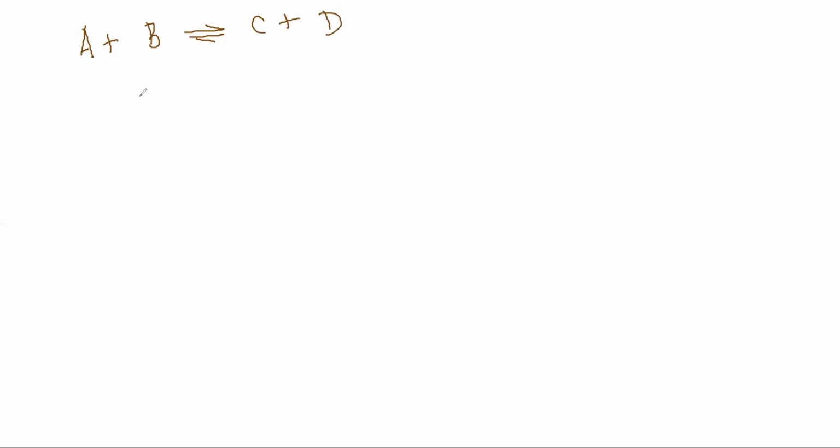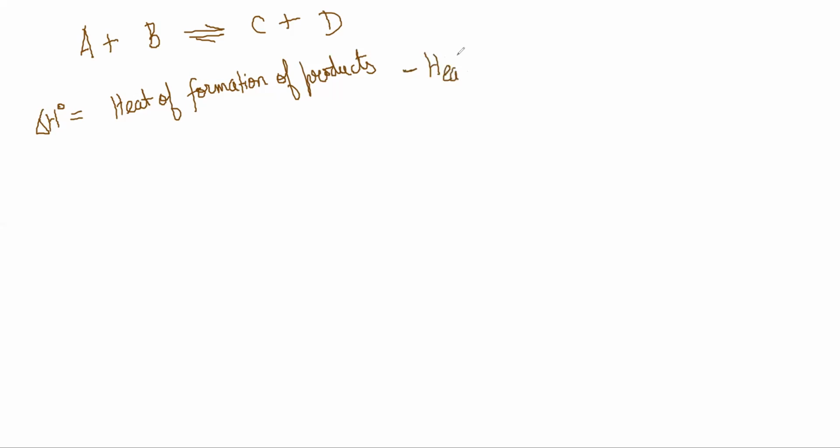If you think of it from the standard heat of formation method, you're basically saying the enthalpy of the reaction is equal to heat of formation of products minus heat of formation of reactants.